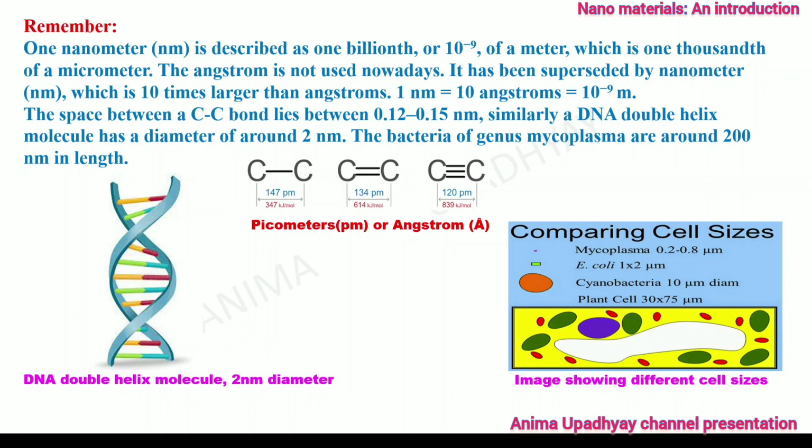So here, with the help of images, I have depicted the size and length of various molecules: the DNA double helix molecule with a 2 nanometer diameter, the carbon-carbon single, double and triple bonds are shown here, and the size of various cells is also depicted in this image.